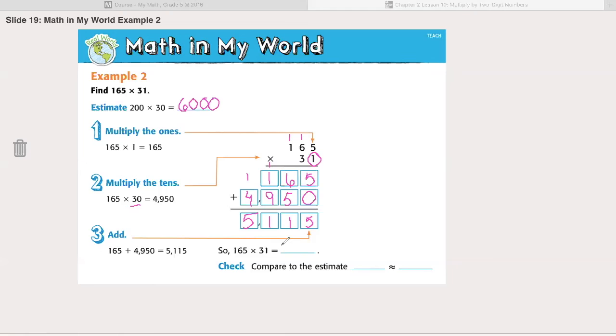So 165 times 31 is 5,115. Compared to the estimate, 5,115 is approximately equal to 6,000.